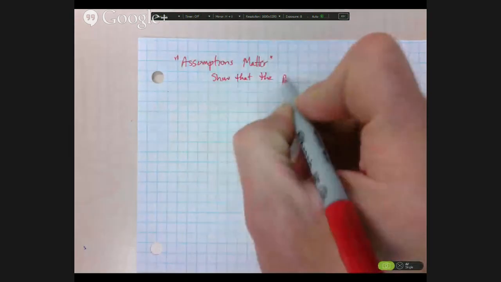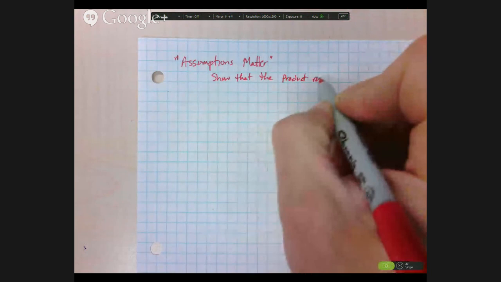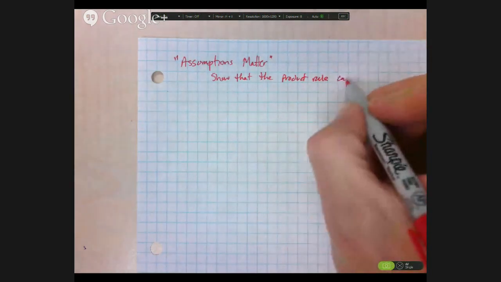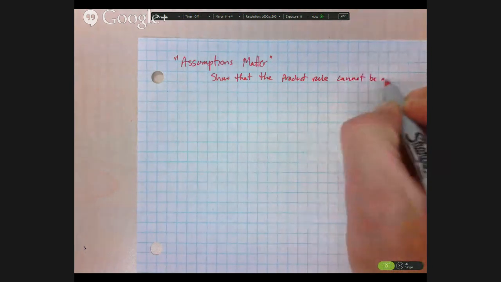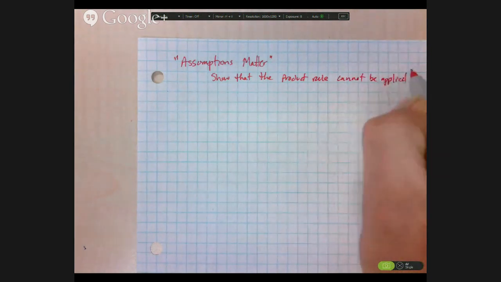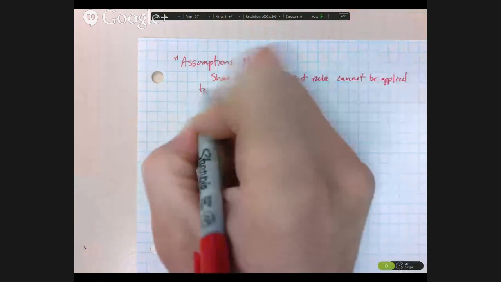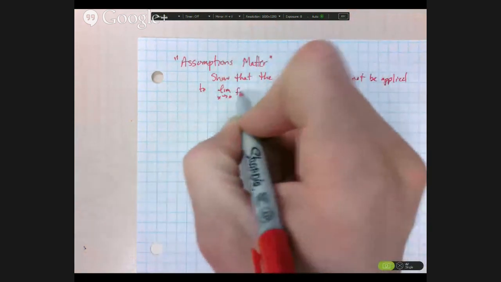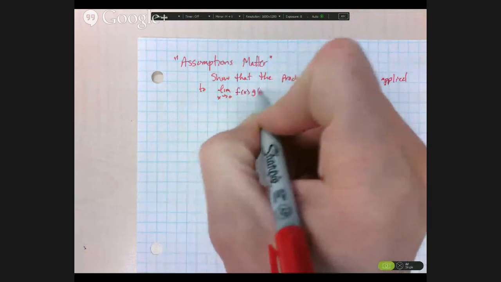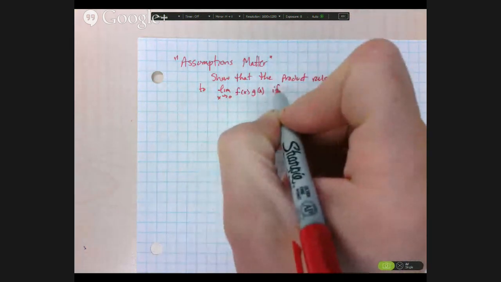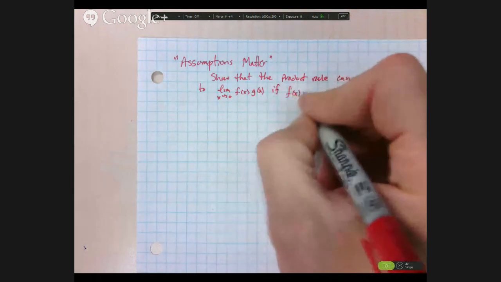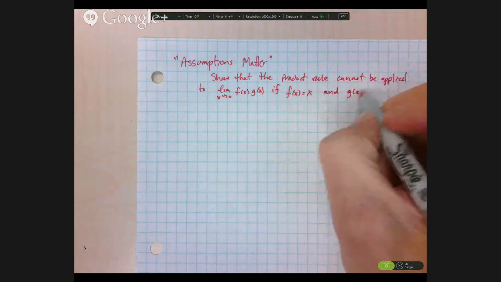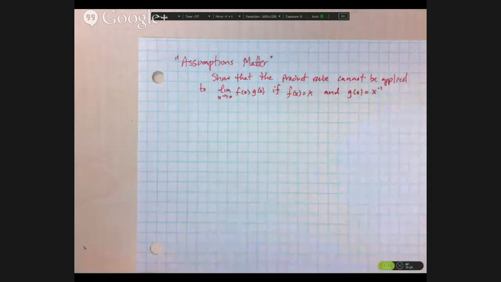Show that the product rule cannot be applied to the limit as x approaches 0 of f of x times g of x, if f of x is x, and g of x is x to the -1.